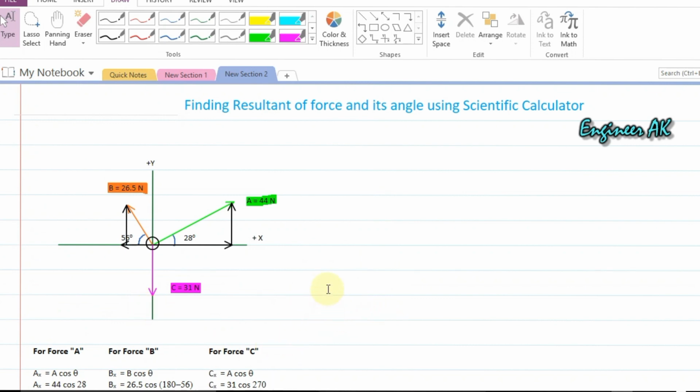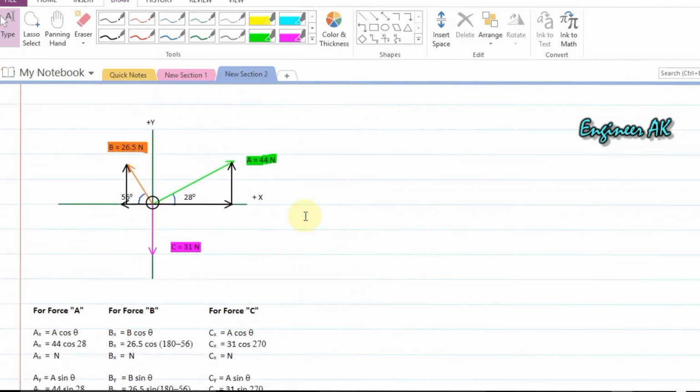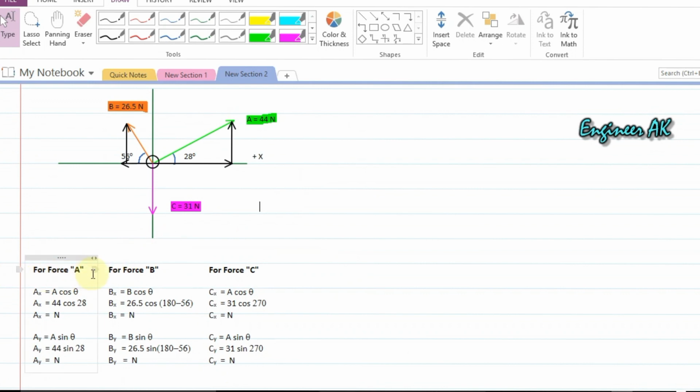Now I hope you understand this diagram. Now let's find the components of these forces.